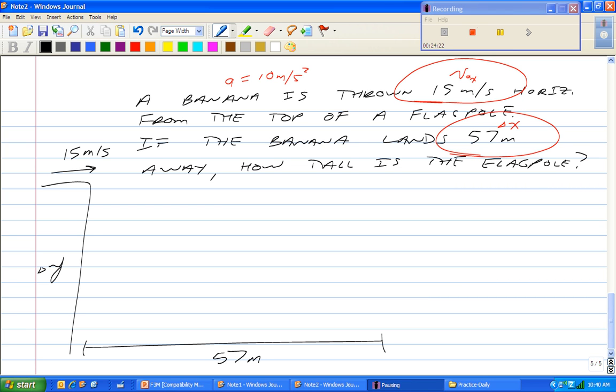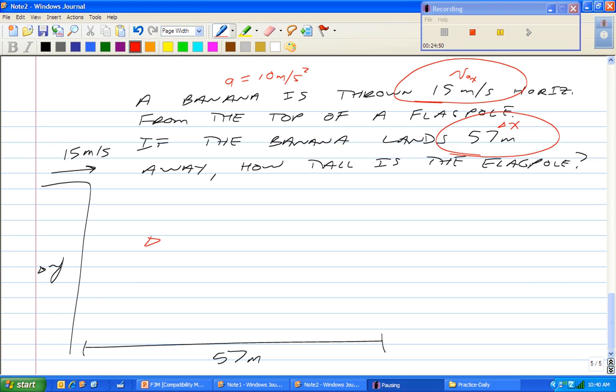And then now I would normally say that I want to... I would normally find time based on the vertical, but this is the one exception. I'm still going to find time next, but how am I going to do it?